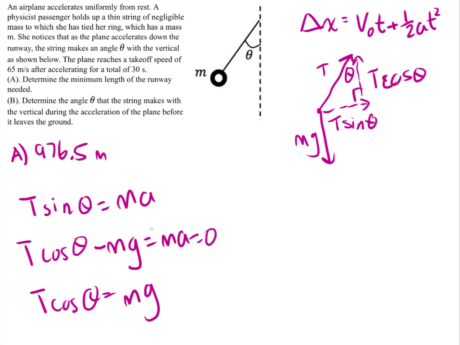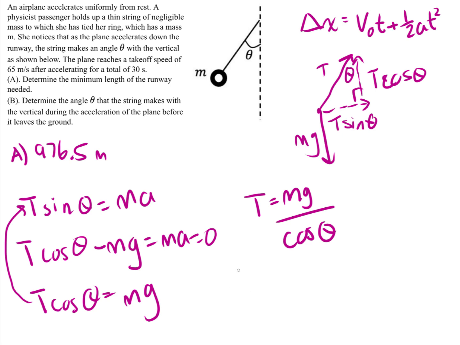Now that we have these two equations, we can solve for tension so that we can substitute it. Solving for T, it is equal to the weight of the ring divided by the cosine of theta.